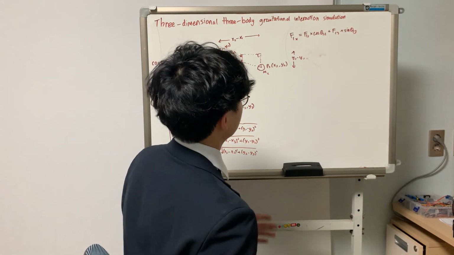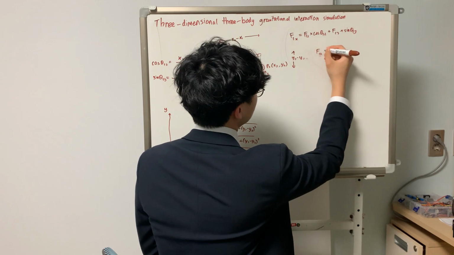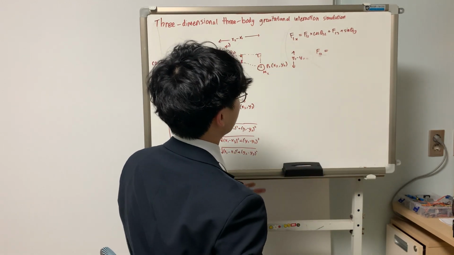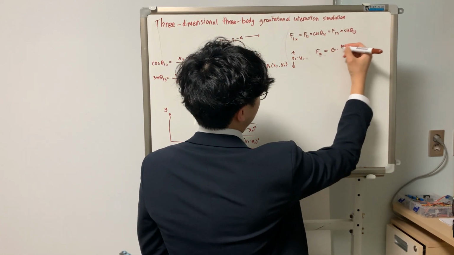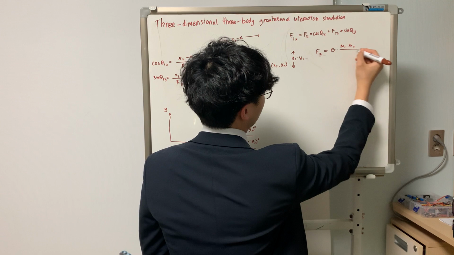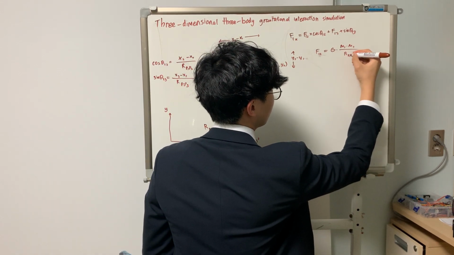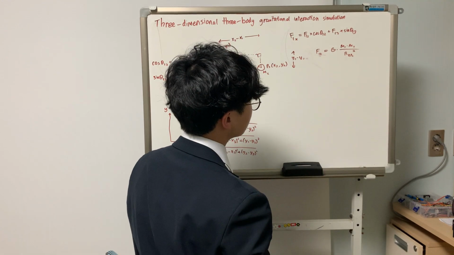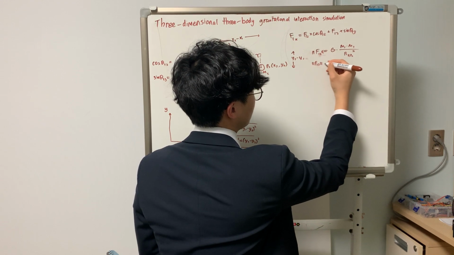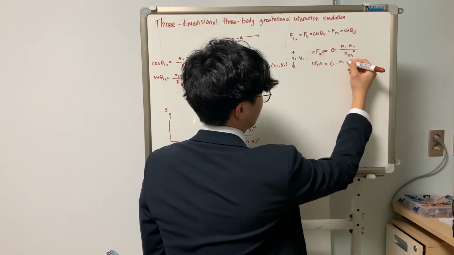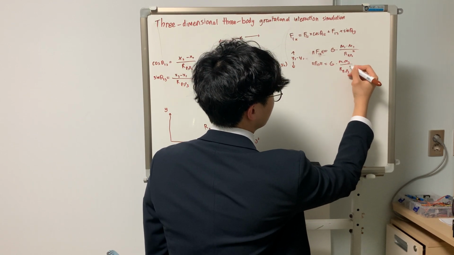And so F12 is going to be G times mass of 1 and mass of 2 over the radius, again P1, P2, squared. And we also know that F1, 3 is going to be similar, but it's going to be m1 times now m3 over radius of P1 to P3 squared.